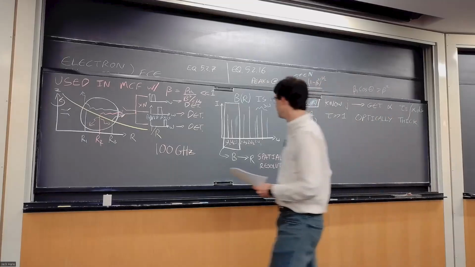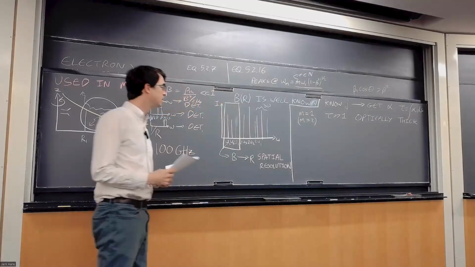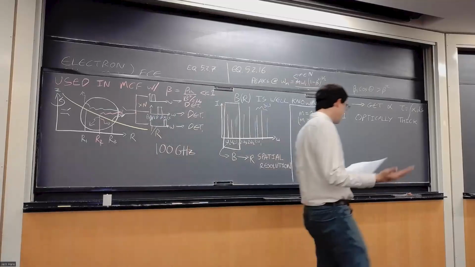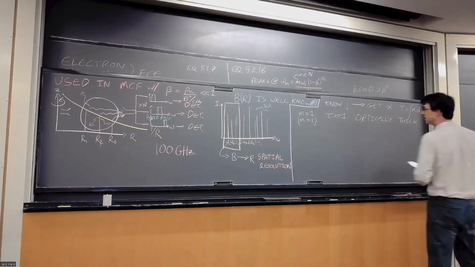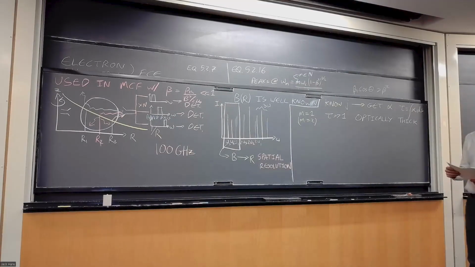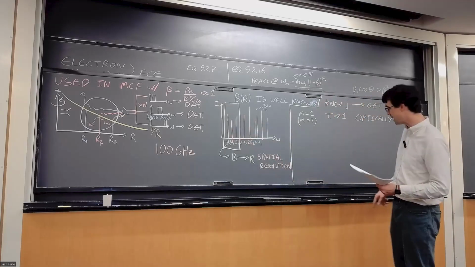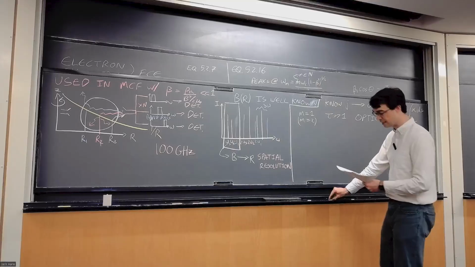Now, that's bad because you can no longer use detailed structure inside these to work out clever things about your plasma. But it's actually incredibly useful because what we find in practice is that the intensity at these different frequencies is now just going to be the black body intensity, right?